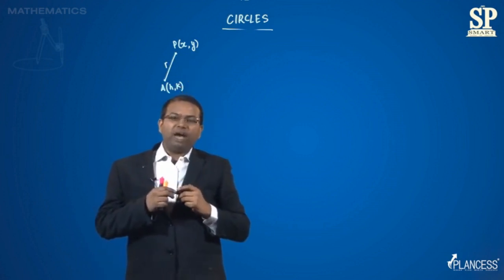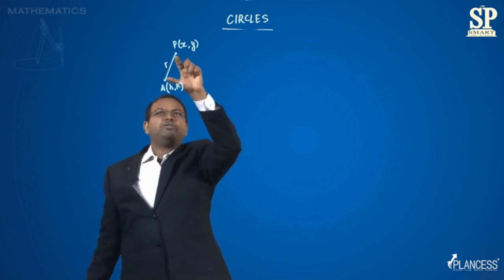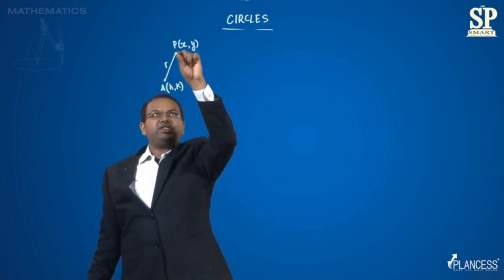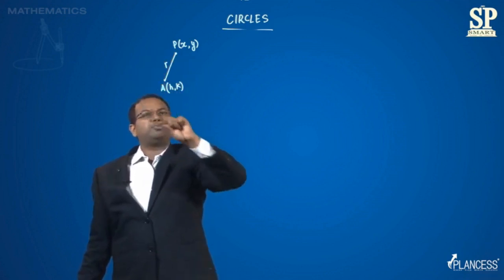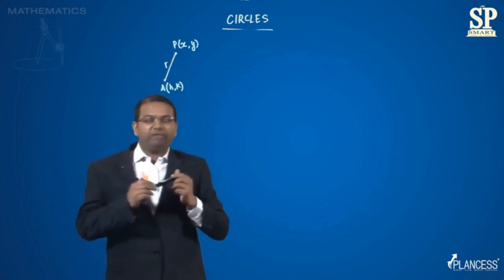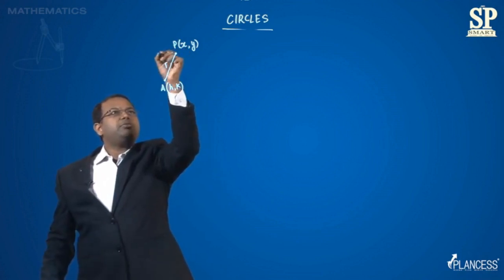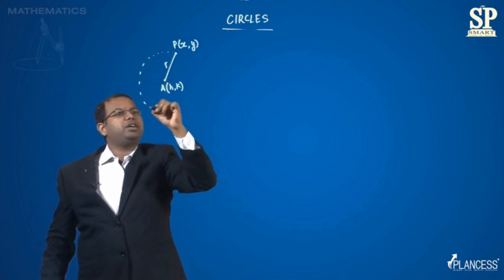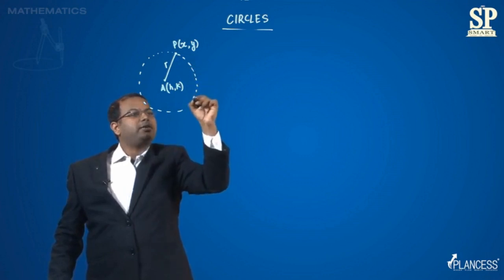So you can imagine this as, let us say we have taken a thread of length r. We have fixed one end of the thread at a point A and the other end of the thread is free to move. It can move all around this point A. So what we will get is nothing but a 2D figure, and it will be something of this kind.